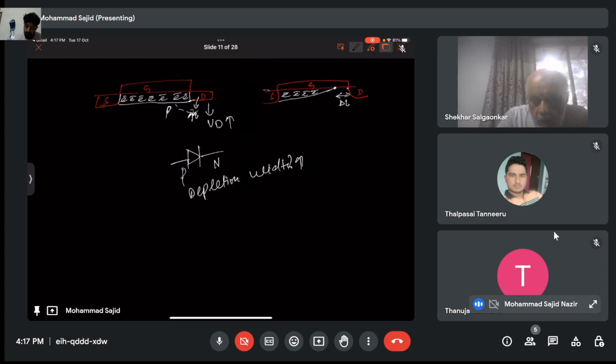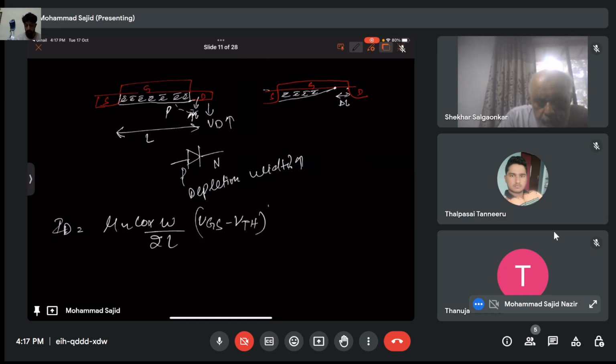This is delta L, what I was talking about. This is L. And you know ID is mu n Cox W by 2L times (VGS minus VTH) whole square. Now this is not L actually, this is L minus delta L. This length gets reduced.